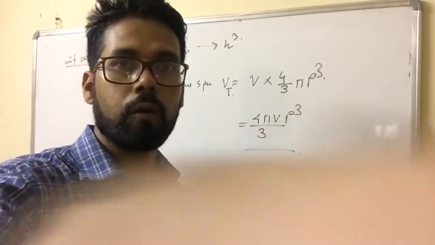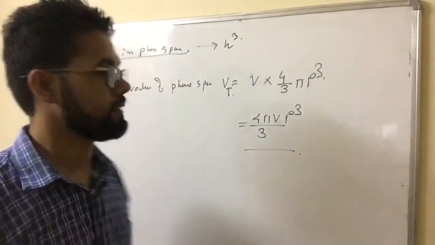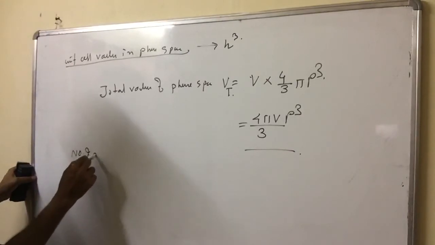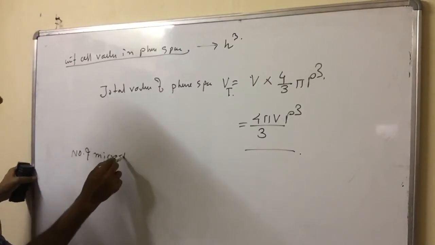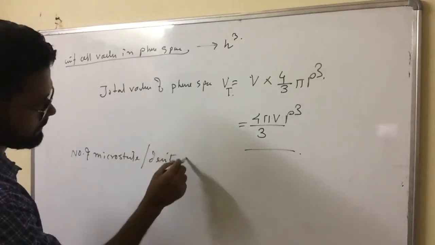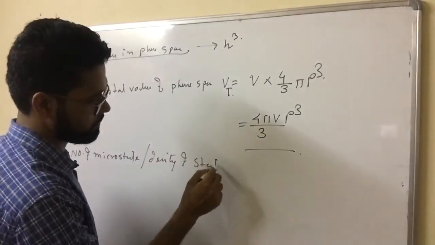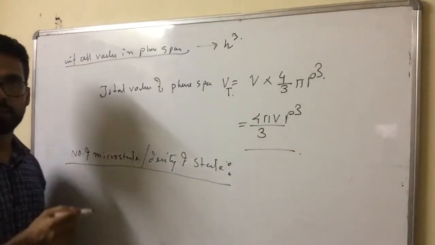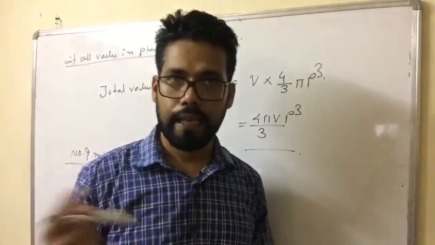Okay. Now I have to calculate the number of microstates, or density of states. How can you calculate it? This is very, very important for competitive examinations like JAM, NET, GATE.